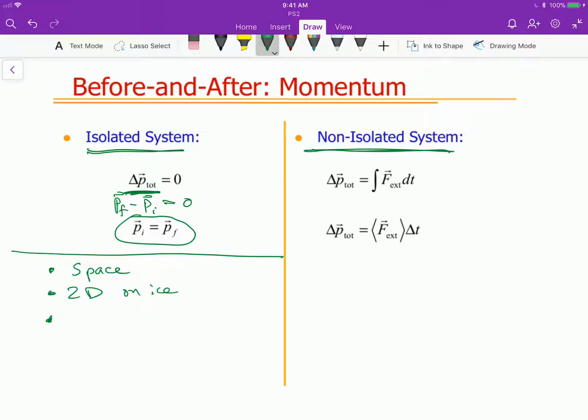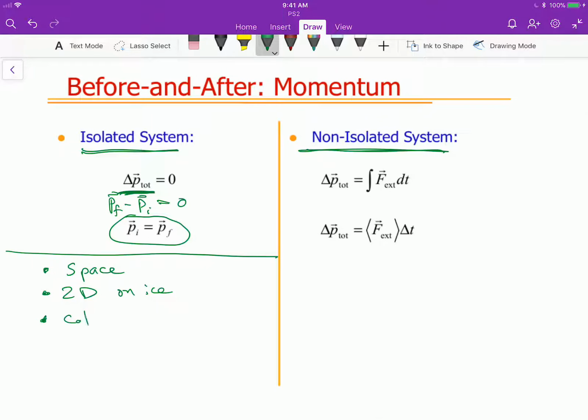And then we had collisions where we considered the system to be these two balls, moving toward each other, and then a moment later moving away from each other. In all of these situations, we had an isolated system.